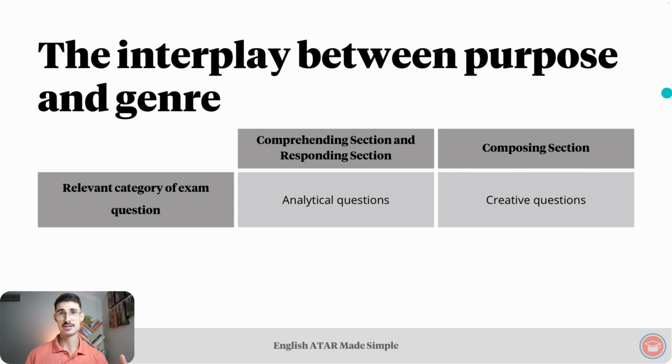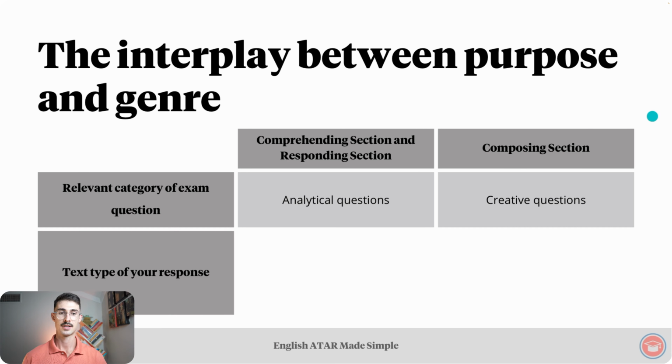Then for the composing section, we know those questions are referred to as creative questions. Here I've said analytical questions and creative questions. How do those terms, analytical questions and creative questions, apply to those text types, analytical texts, persuasive texts, interpretive texts, and imaginative texts? That is what we're going to answer now.